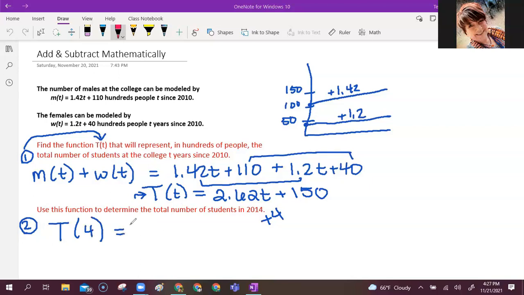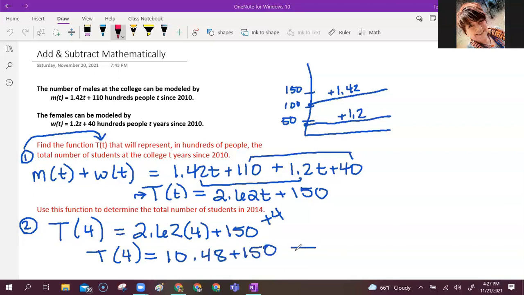Remember, I already wrote it above. So I have 2.62 times 4 plus 150. So T of 4 is equal to, and I'm going to go to my calculator and I will be right back. We are going to get a total of 160.48.